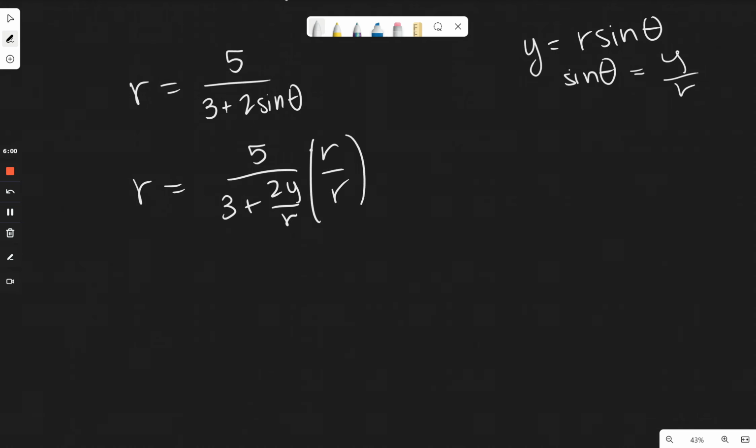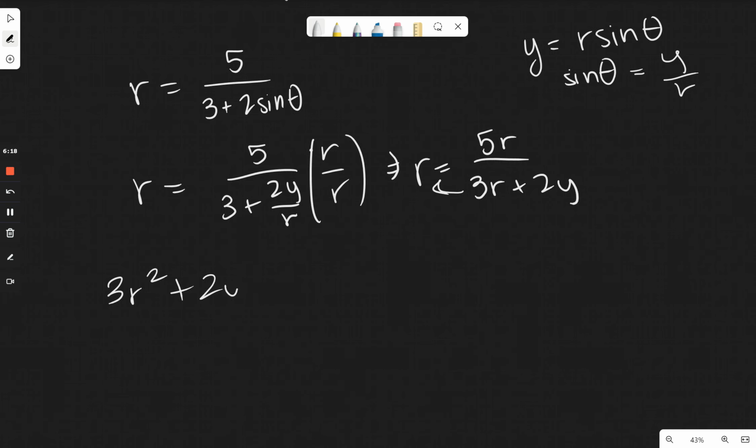So we multiply by r over r, and this gives us r equals 5r over 3r plus 2y. And so we can multiply the denominator up to get 3r squared plus 2yr equals 5r.